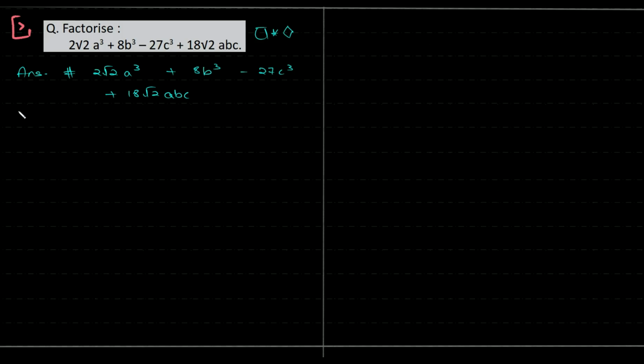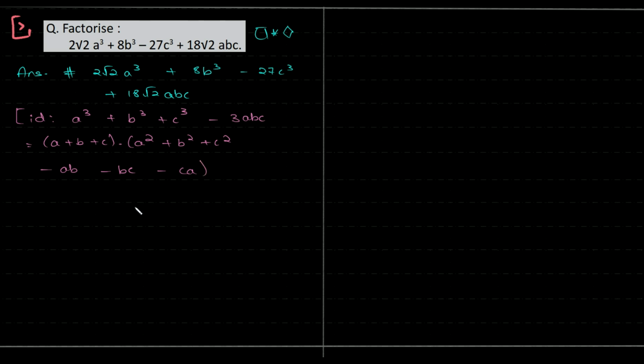Okay, so we are looking at the identity a cube plus b cube plus c cube minus 3abc, which is equal to a plus b plus c into a square plus b square plus c square minus ab minus bc minus ca. Close the brackets. And now we just need to talk about what a and b and c are over here.